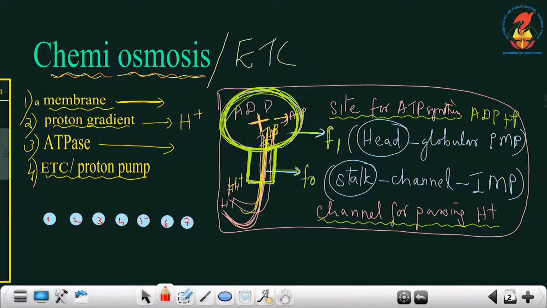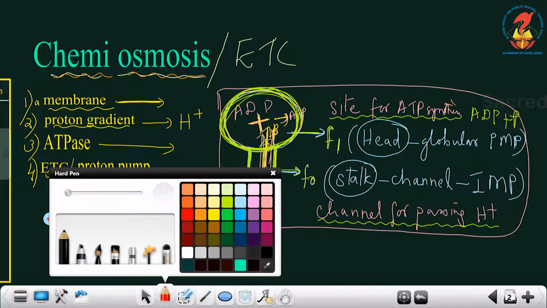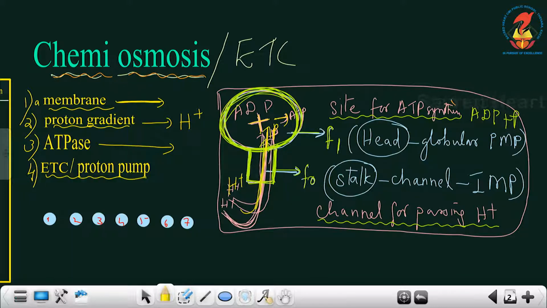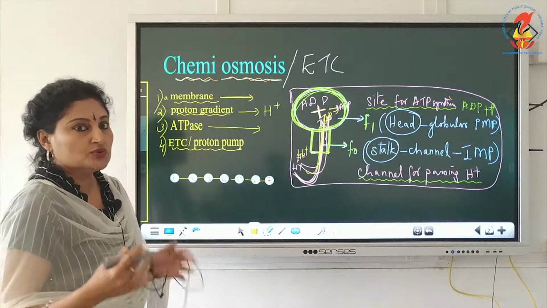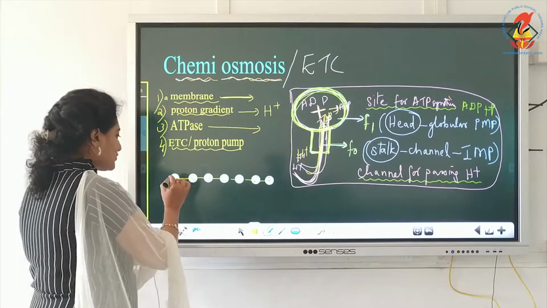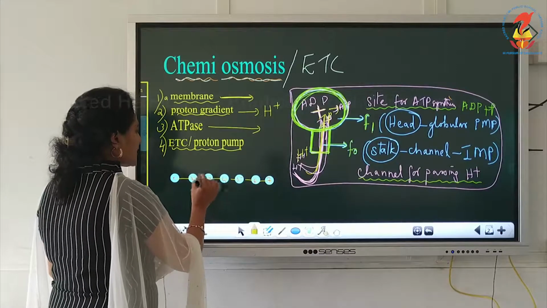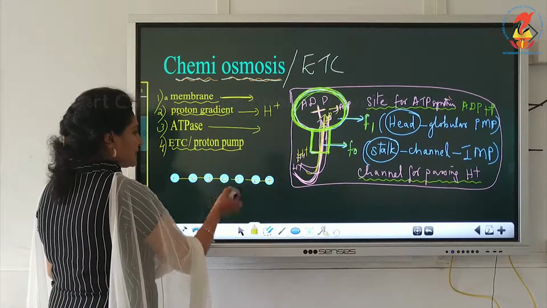So, in this chain there are electron carriers, and these electron carriers function to pass the electrons. Electrons just pass from one carrier to another carrier, and during this passing the electrons are not used, they are just passed. But one thing happens, protons are removed from one region to another region.